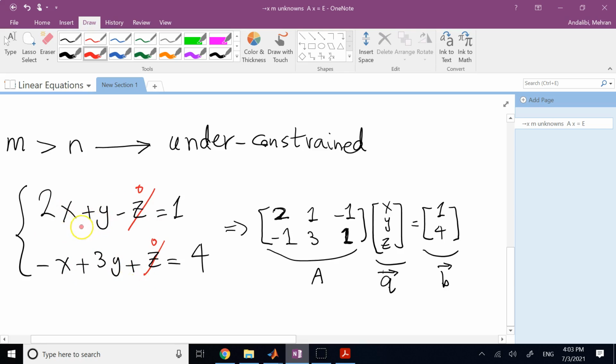Because I can write it as 2x plus y is 1, negative x plus 3y is 4. And let's say here, if I solve for it, I set z to be equal to 0. So now what can I write? Well, if I go ahead and eliminate x between these, so I multiply the bottom one by a 2, add them together, you're going to get 7y, and 7y is going to be equal to 9.